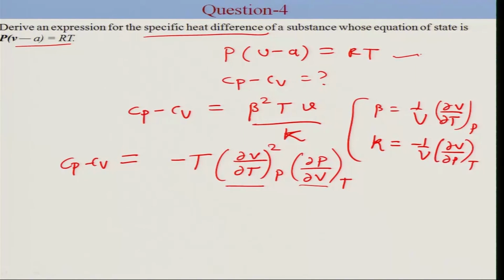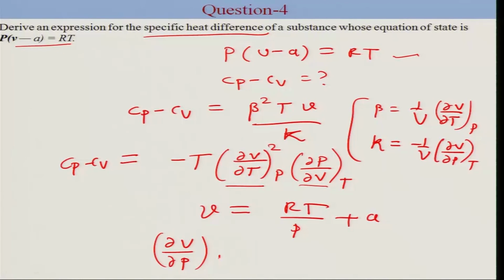So, solving this equation of state for V, which is specific volume, V will be equal to RT upon P plus A. Taking derivative with respect to P, del V upon del P at constant T will give us minus RT upon P square, but we need del P upon del V. So, after solving it, we get del P upon del V at constant T equal to minus P square upon RT.